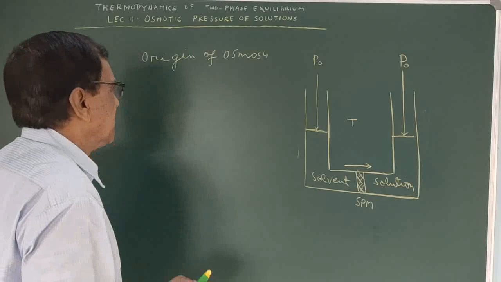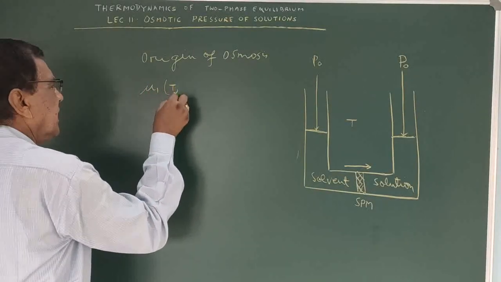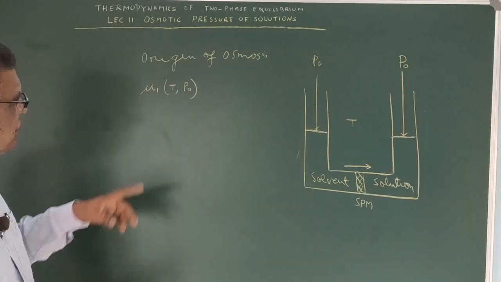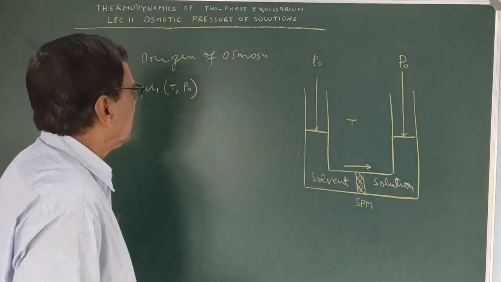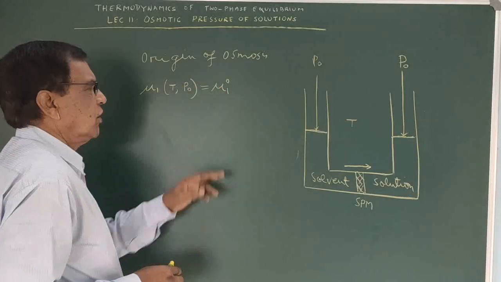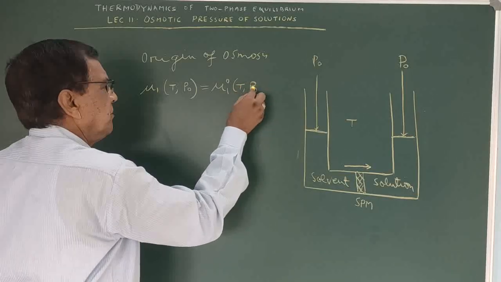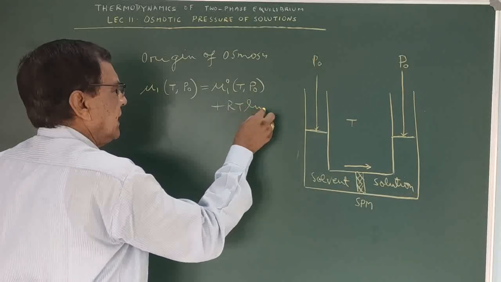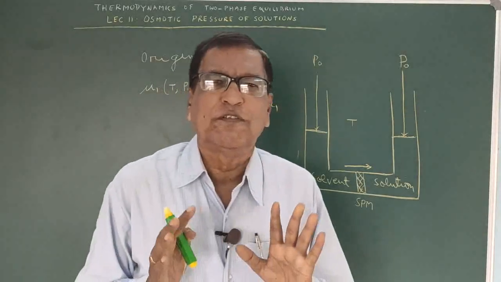That is explained by the formula: mu1(T, P0) is the chemical potential of the solvent at temperature T and pressure P0, which is equal to the chemical potential of the pure solvent at the same temperature and P0 plus RT ln x1. x1 is the mole fraction of the solvent in the solution.